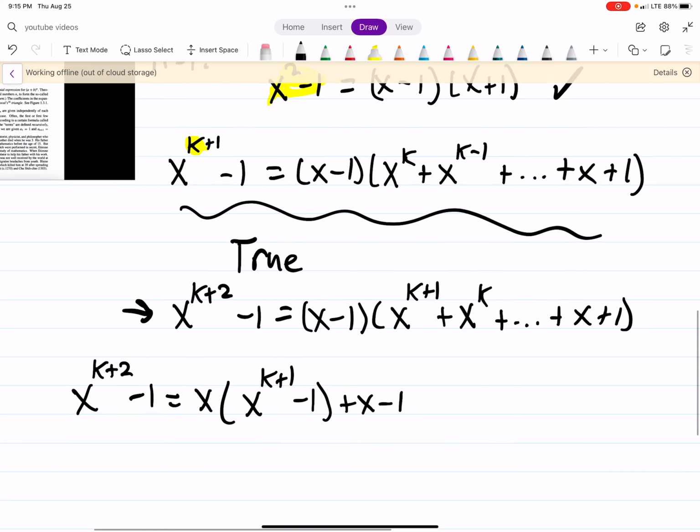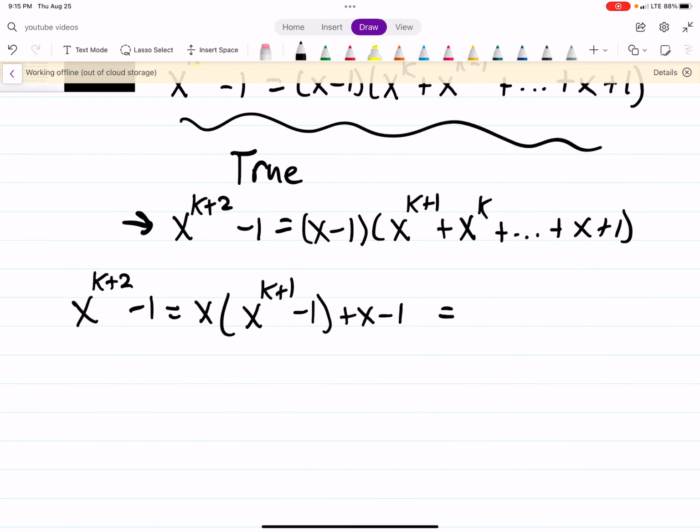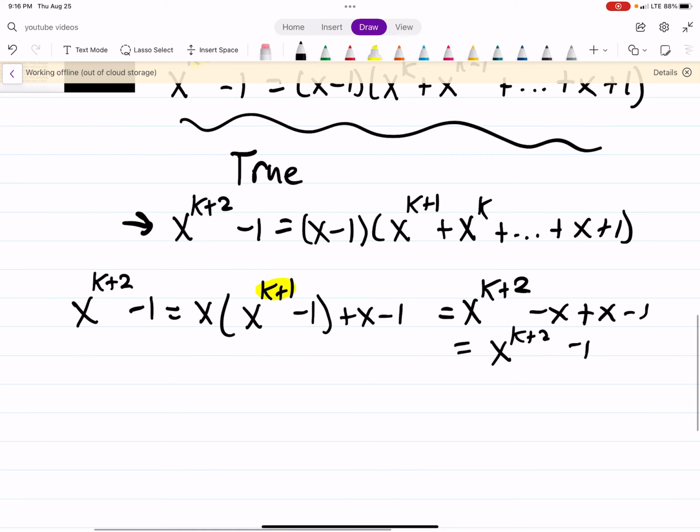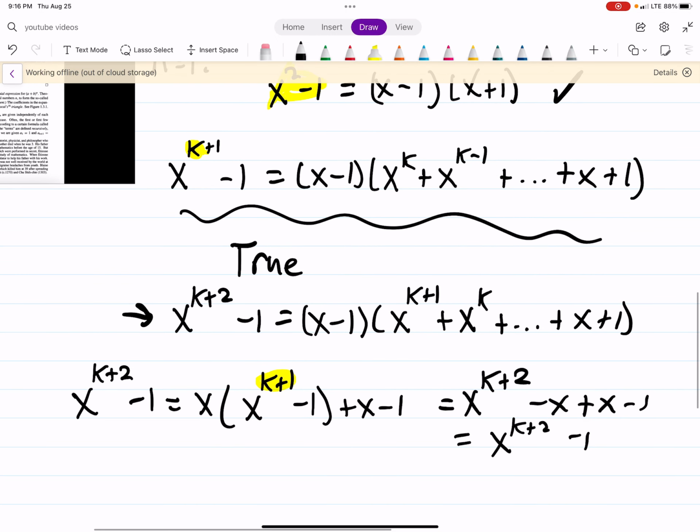Because if you were to distribute, that's going to be x to the k plus 2 minus x, plus x minus 1, and we get our original statement. But we're rewriting it in a form that includes this factor of x to the power k plus 1 minus 1, since that's what we're assuming to be true.